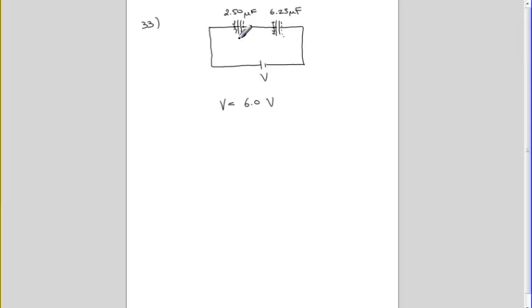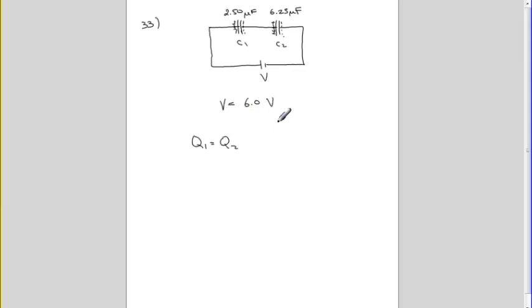Let's call this C1 and this C2. The charges on each of these capacitors have to be the same, because what comes around here has to go there. So Q1 is equal to Q2.